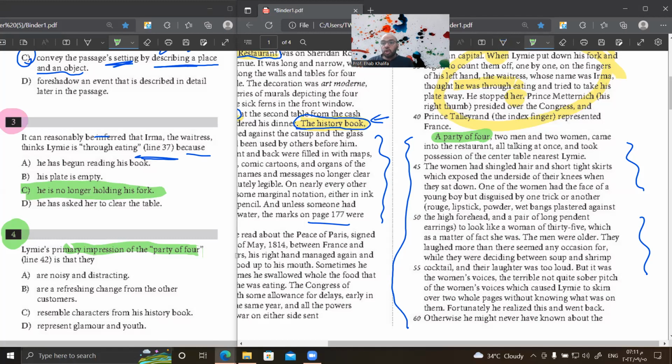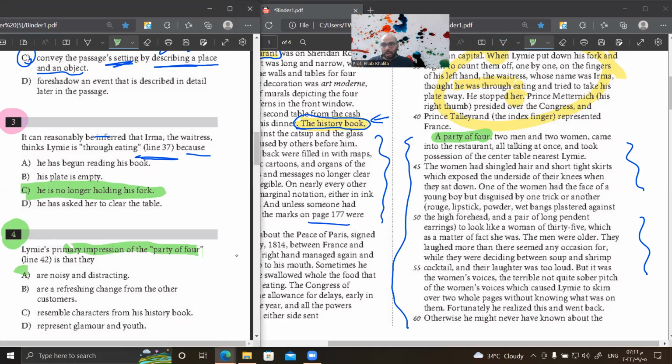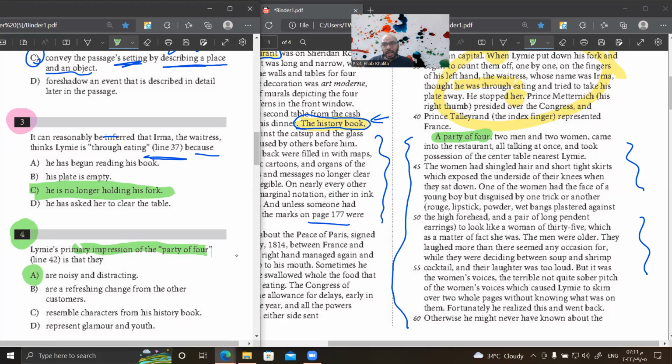Okay, you chose A, right? All of you, that the party of four are noisy and distracting. Who can provide me with the evidence? What is your evidence from all of what you see?